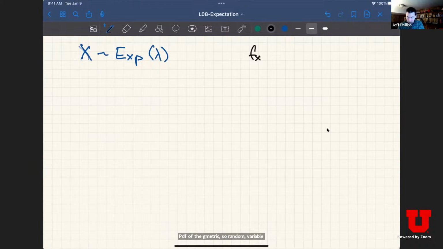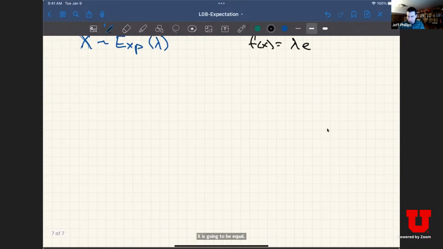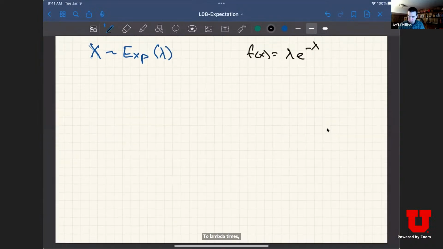And if you remember, the PDF of this, let's just say f of x, is going to be equal to lambda times e to the power negative lambda x. Okay, so this is the PDF for x greater than or equal to 0, and it's 0 otherwise.